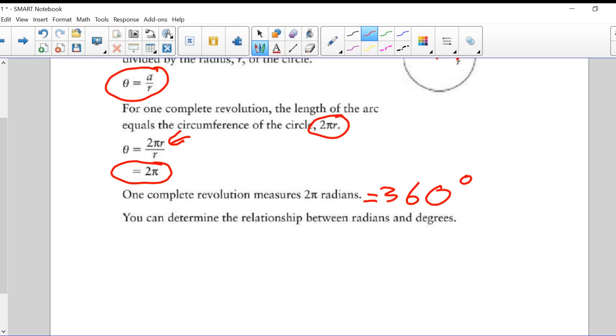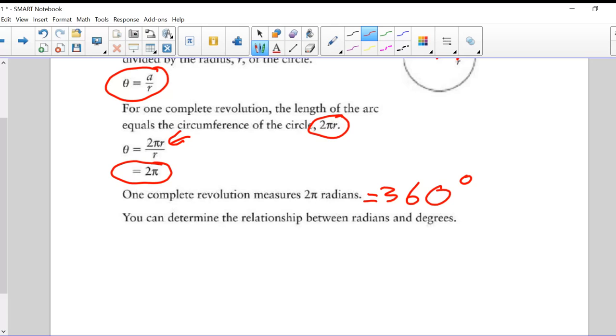That's the most important thing I want you to get from what I've done so far. What we used to call 360 degrees is what we're now calling 2 pi radians. One is measured in degrees, one in radians, and they're equivalent.